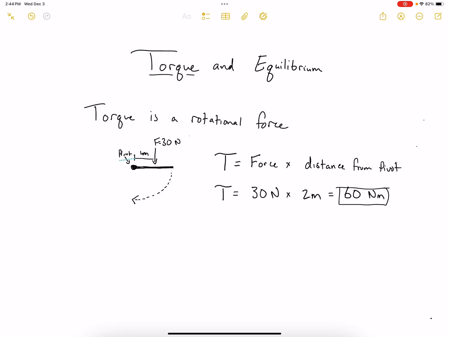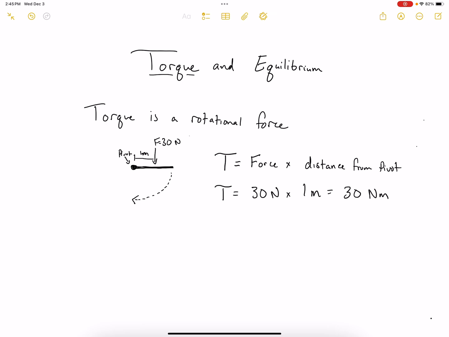I'm still trying just as hard, but now instead of 30 times 2 in my equation, I have 30 times 1 meter, and I only have 30 Newton meters of torque. So just by changing the distance of where I'm applying my force, I've cut my amount of torque in half.